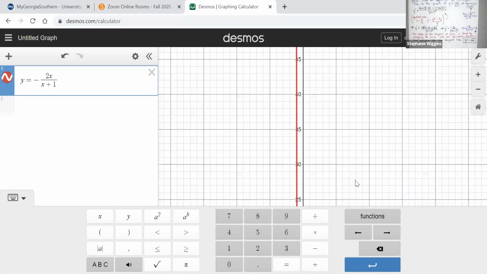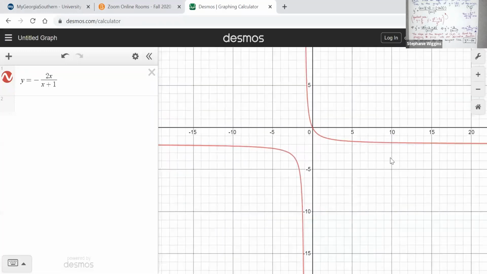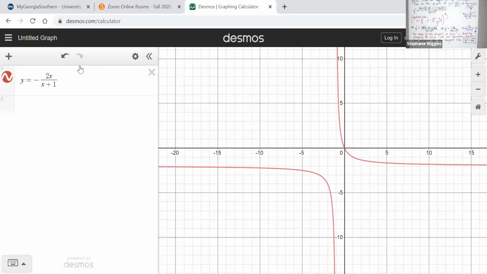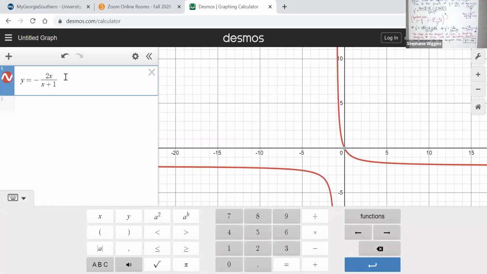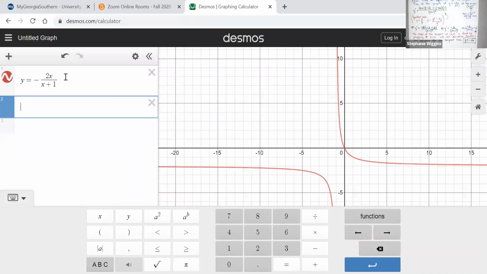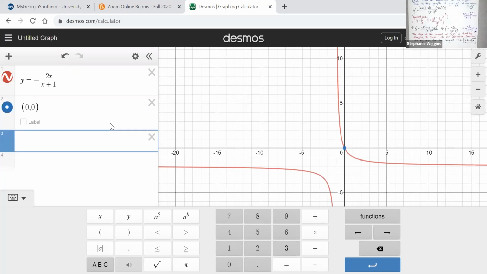And let's just look at that. Remember, we're looking at the tangent at the origin. So let me go ahead and mark the origin. That origin is the point 0, 0, and there it is colored in blue. And now I'm going to put the tangent line there, which we found to be y equals -2x. There it is. Okay, so the red is the original function, here's the origin, and this is the tangent line that goes through the origin, and it's tangent to this red function.